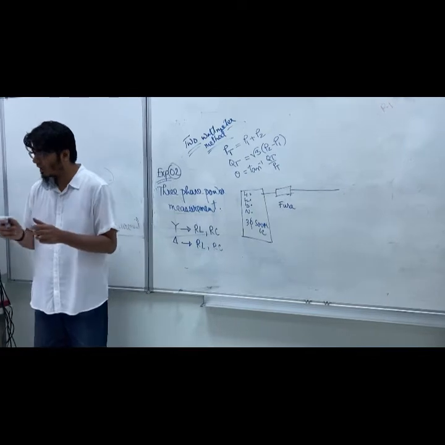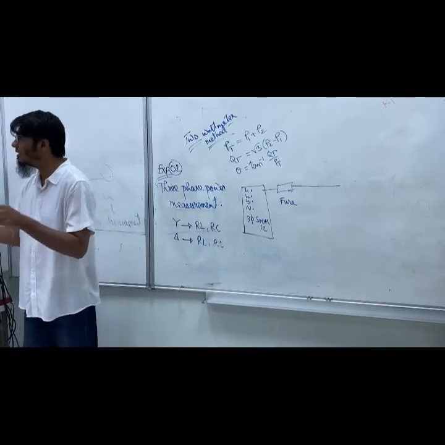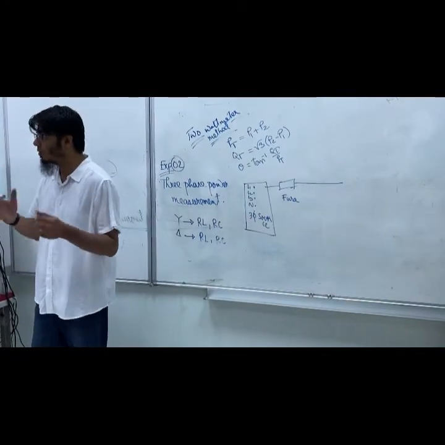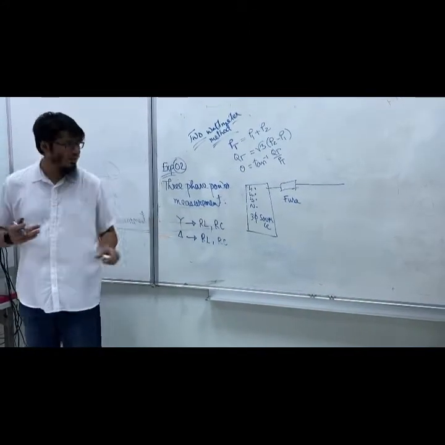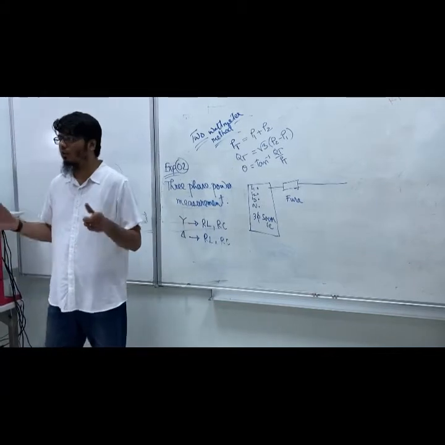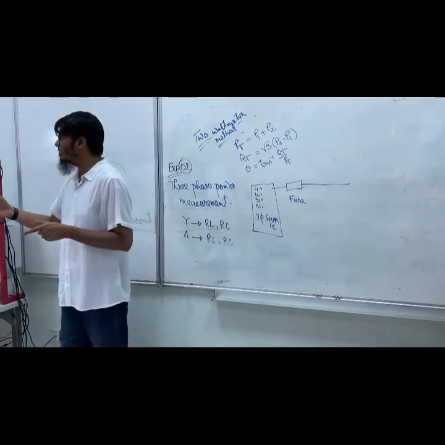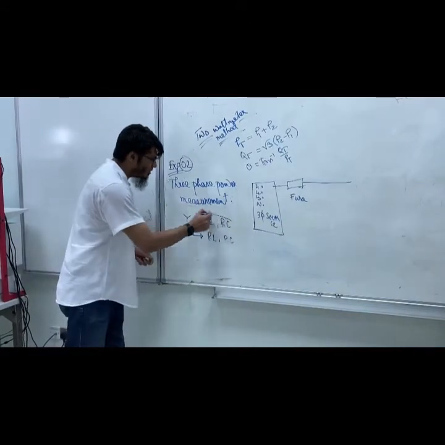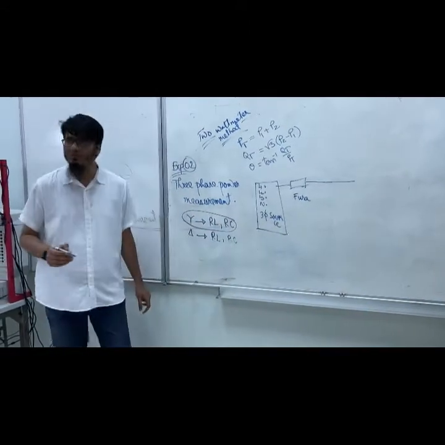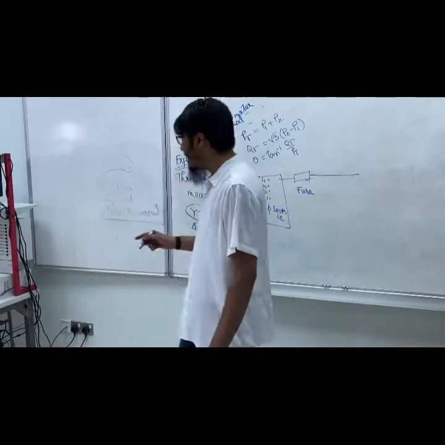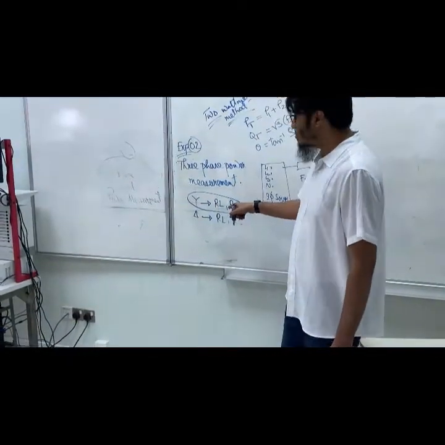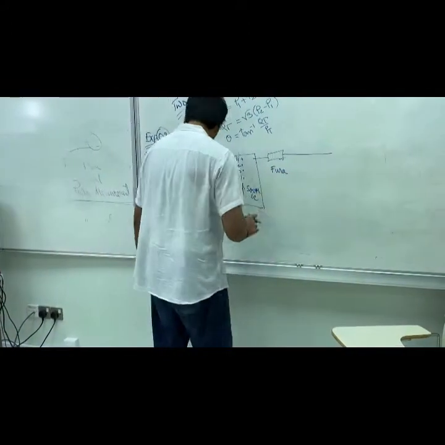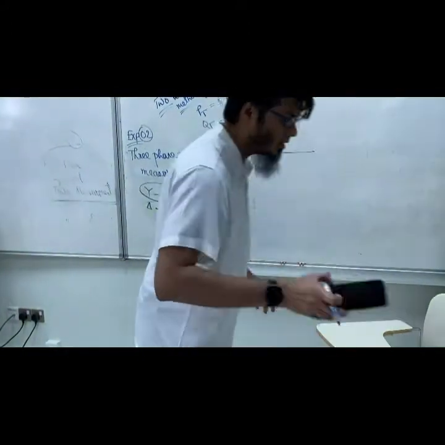Once you do the first one, the second is just changing the arrangement from inductor to capacitor, from Y to delta and so on. But doing all 4 will be very time-consuming because we'd be repeating the same thing again and again. So mainly we will focus on the Y type of connection. We'll make the connection and just replace the L by C. So this will be our load.